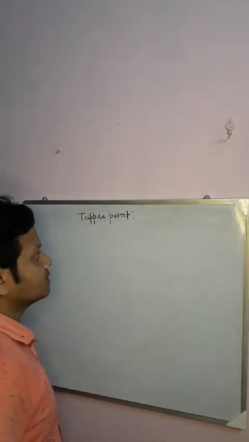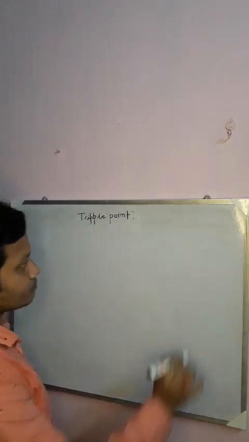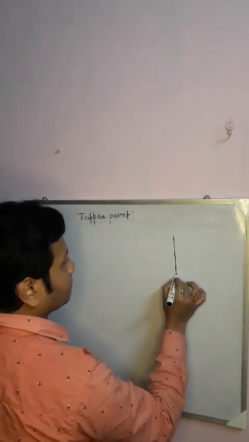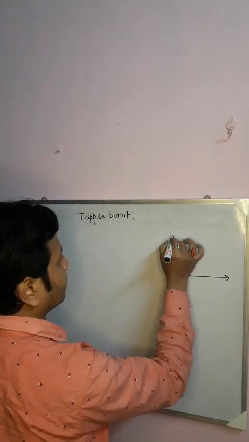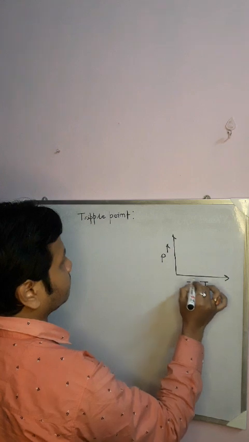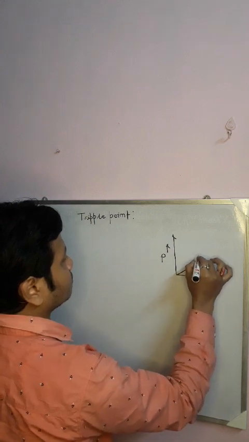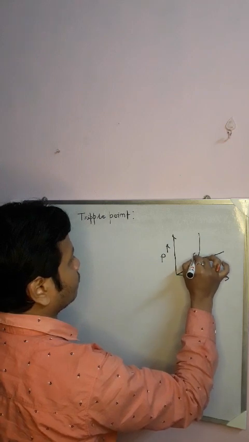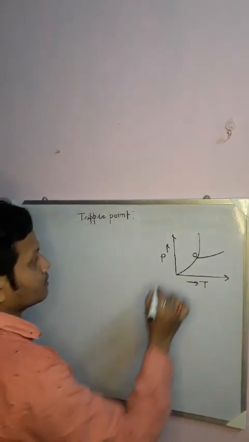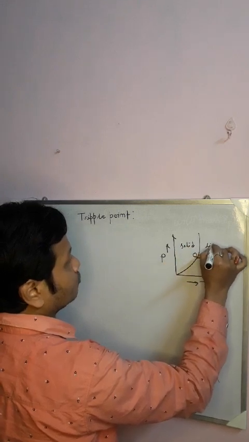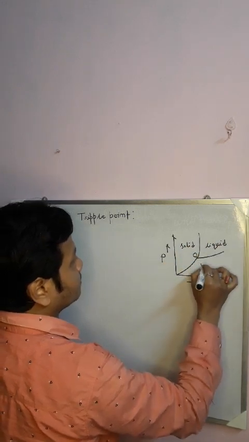Now what is it? At first we have to draw a pressure temperature diagram, and the diagram looks like this. This is the meeting point O. This is the solid, this is liquid, and this is vapor.